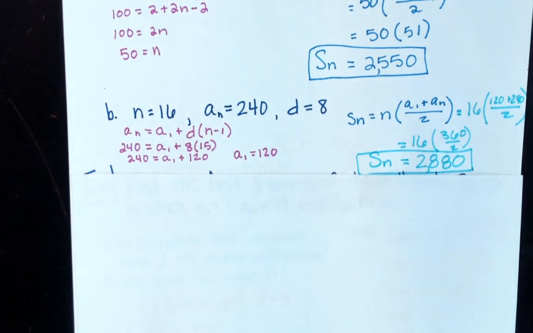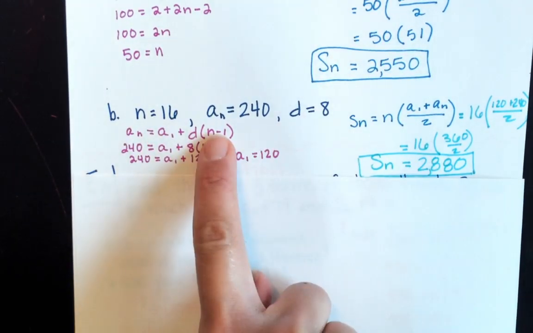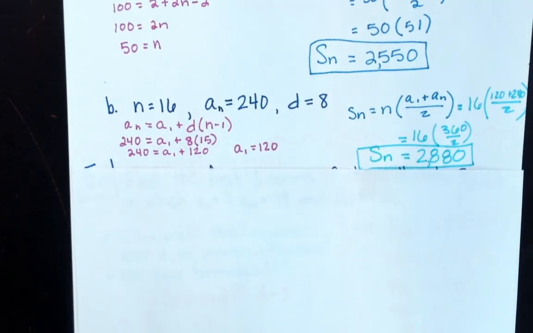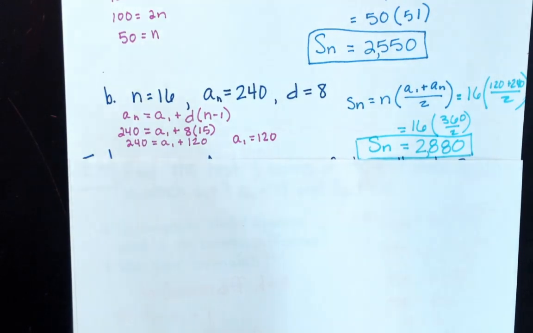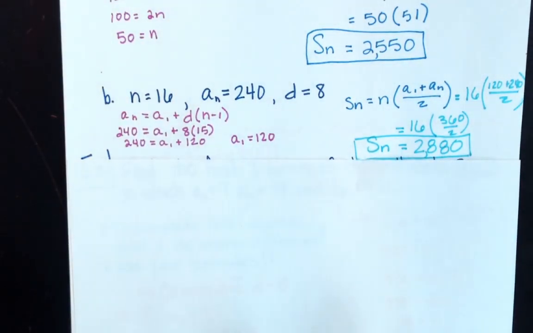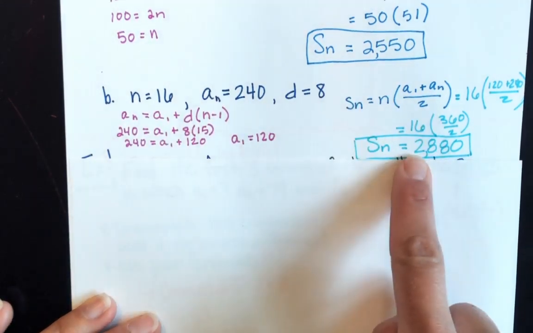Now, one of the consistencies, again, I'm going to just keep reiterating, is you're always going to see these two formulas now. So, almost done. I'm just trying to give you as many examples as I can, on a variety of ways that they're going to ask you the same question, and it's going to be the same two formulas.